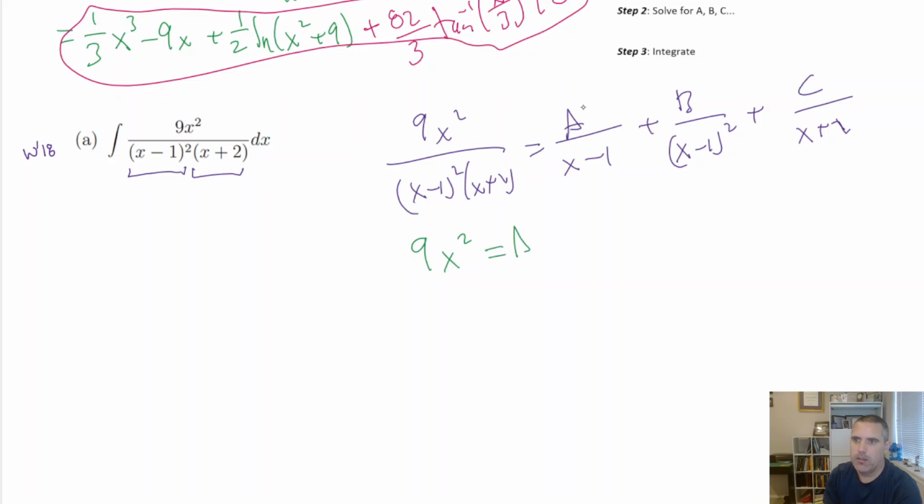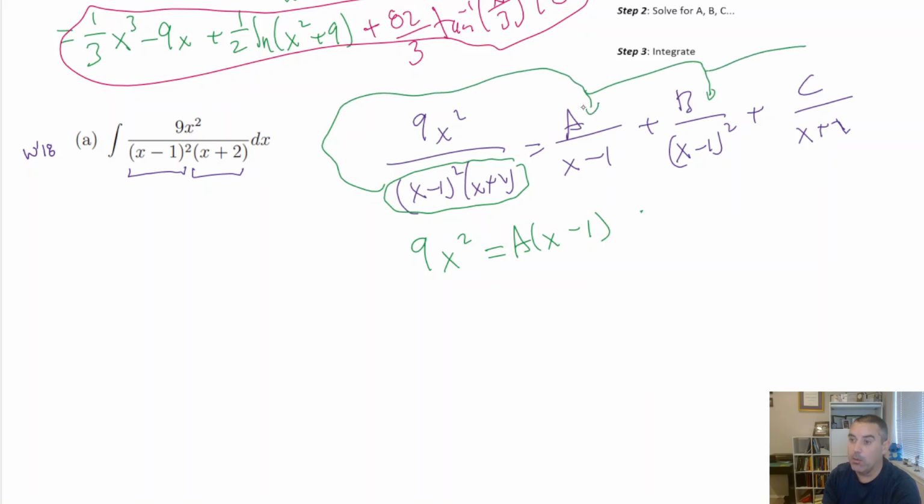9x squared equals A times (x minus 1)... Uh-oh. I often have to talk with students in office hours about physically putting this down. If you need an extra step, take it. I've met a lot of students that even after the final still don't understand how to clear the denominators.